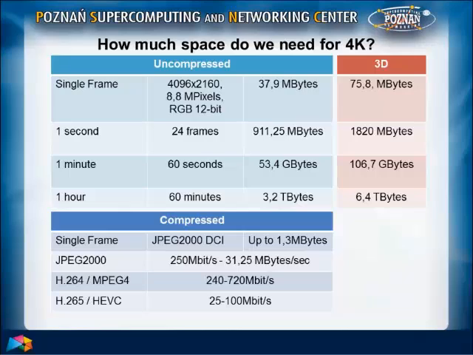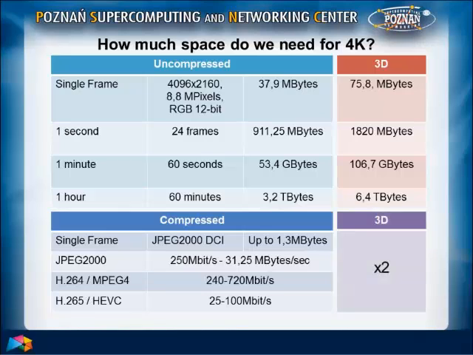And there is a new standard introduced, H.265, which is High Efficiency Video Codec. It's a new standard in 2013. It's about up to 100 megabits per second for 4K, which is less than JPEG 2000 and of course less than uncompressed.